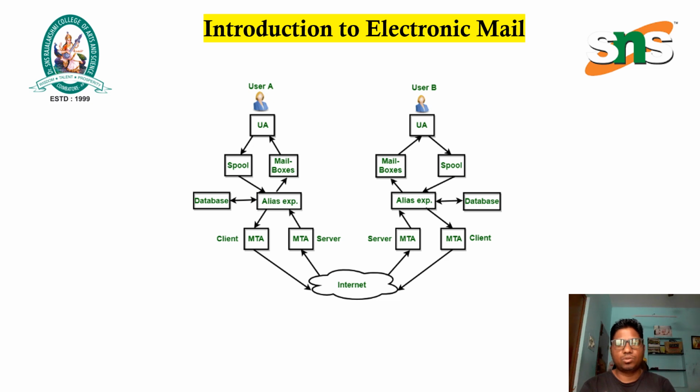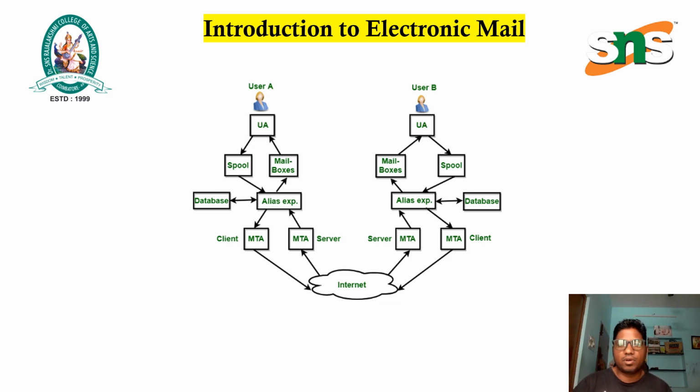In this diagram there are user A and user B. The user agent has the spool, mailbox, database and alias. Next is the MTA, the client and server available through the internet. User A is connected to user B to send the messages.